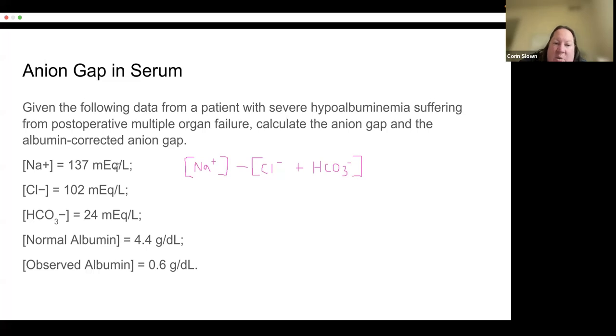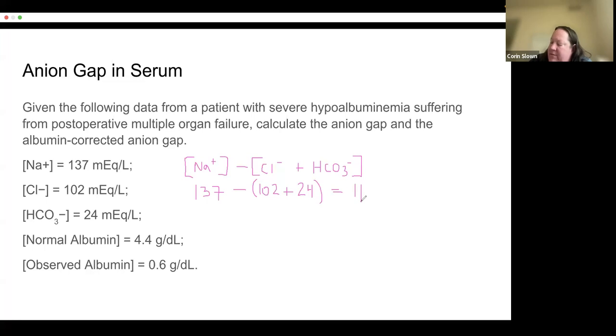So notice these are milliequivalents per liter. As long as these are all the same unit, we know we're okay. So this is 137 minus 102 plus 24. And I get 11.